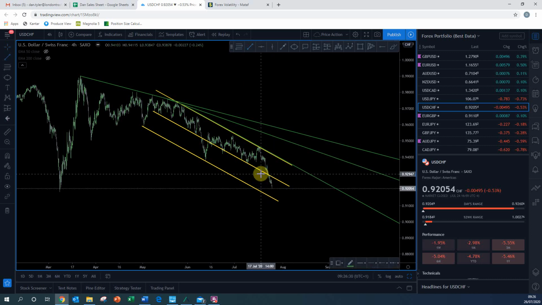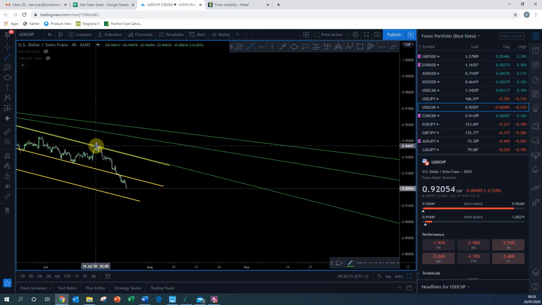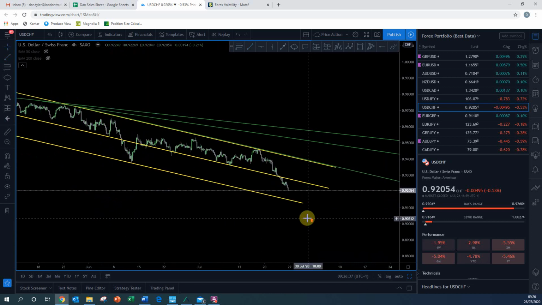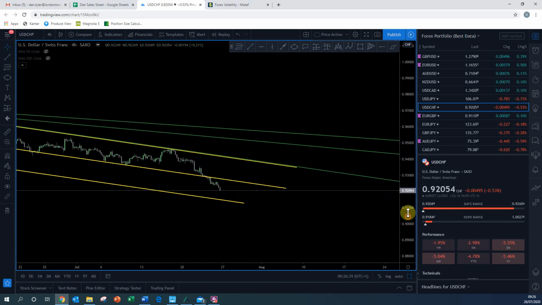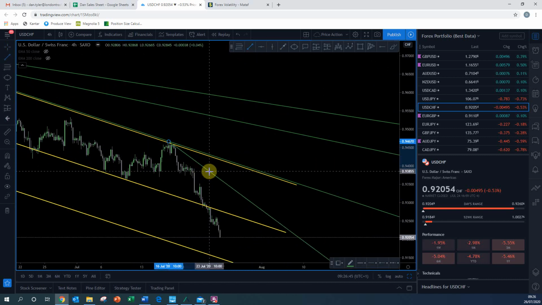And let me just draw in the last few trend lines here. It's just taking the time to be as accurate as possible.